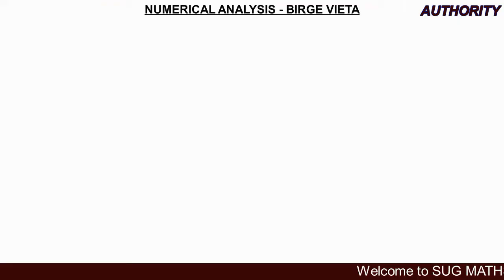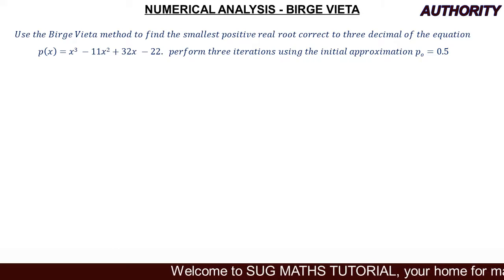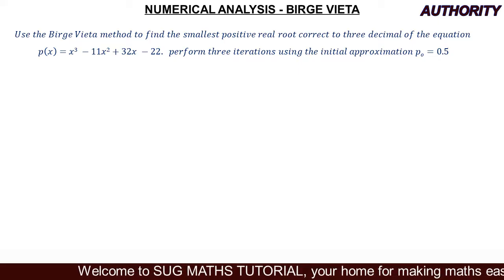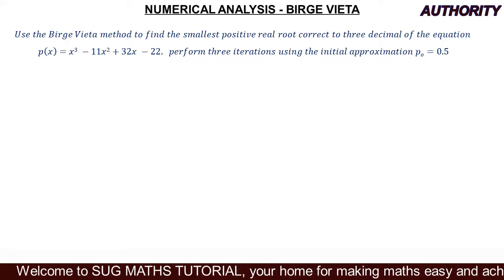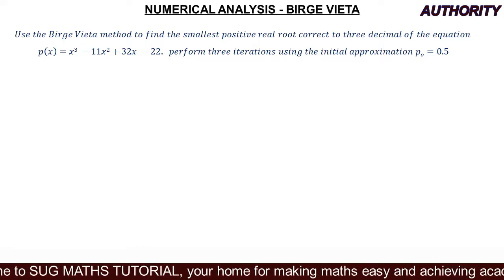Today, let's talk about Birge-Vetter's method. Now, look at this question. It says, use the Birge-Vetter method to find the smallest positive real root correct to 3 decimals of the equation p of x is equal to x cubed minus 11x squared plus 32x minus 22.